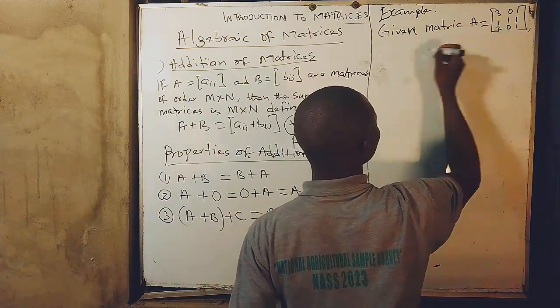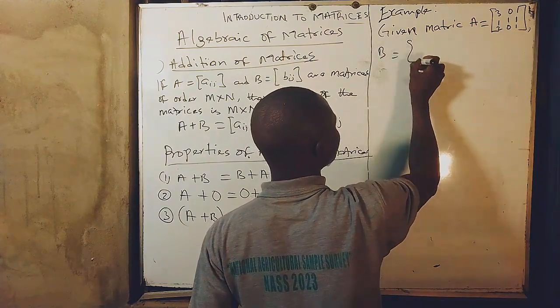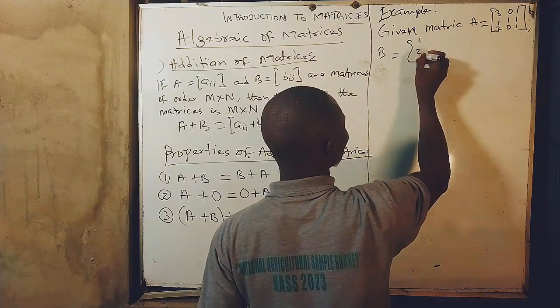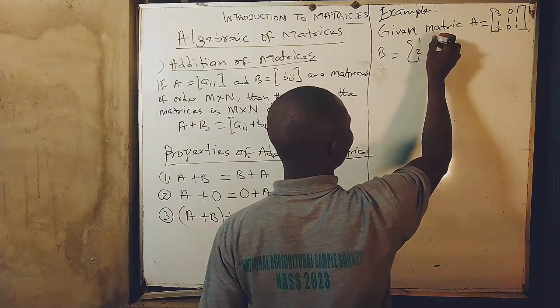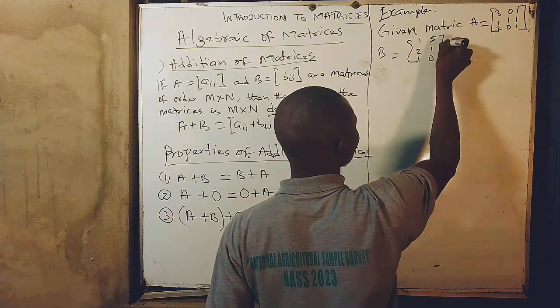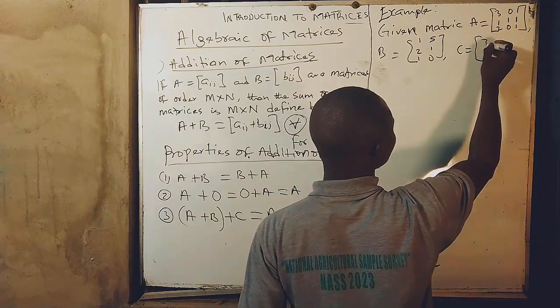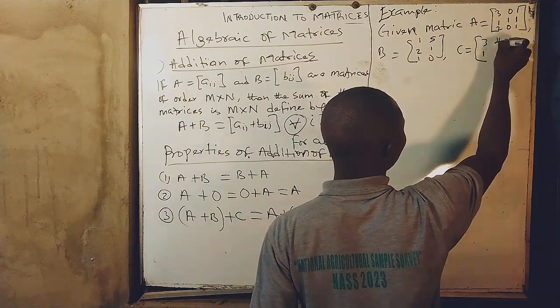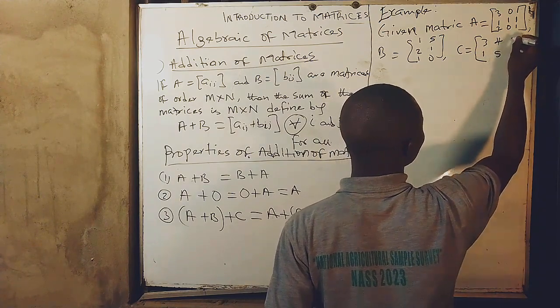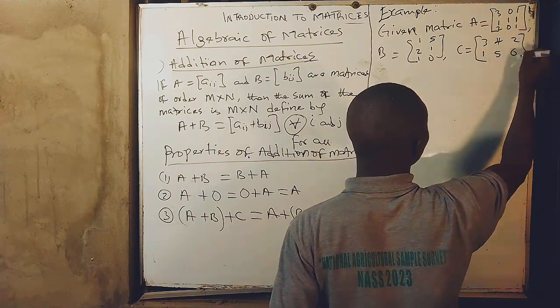Matrix B is the same thing as 1, 2, 1, 5, 1, 0. Matrix C is equal to 3, 1, 4, 5, 2, 6.